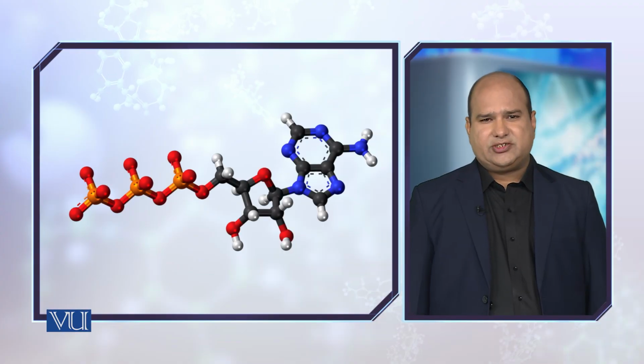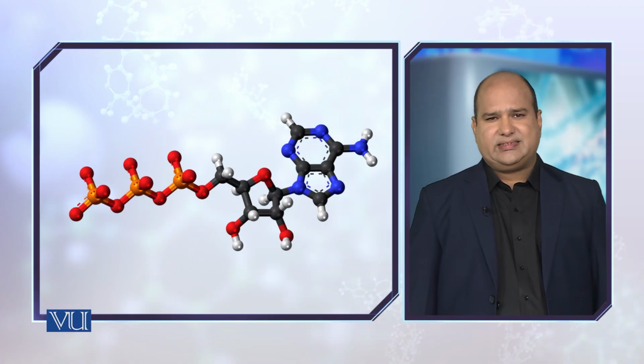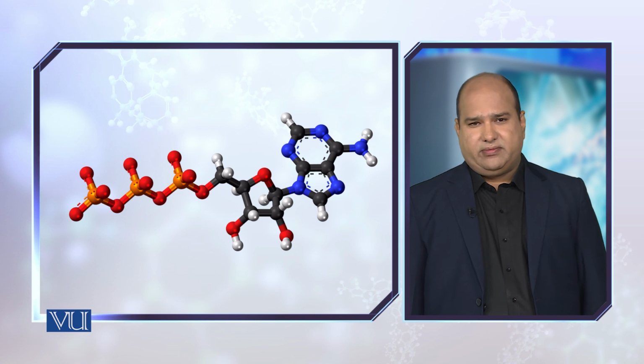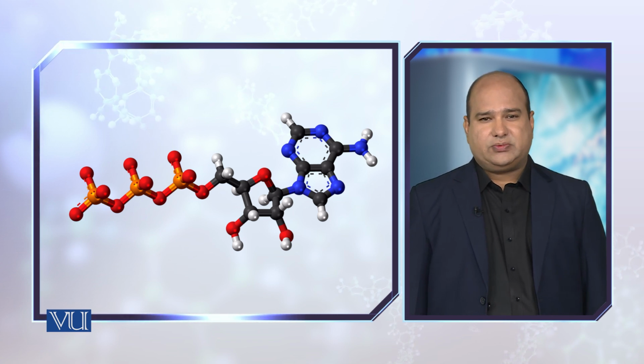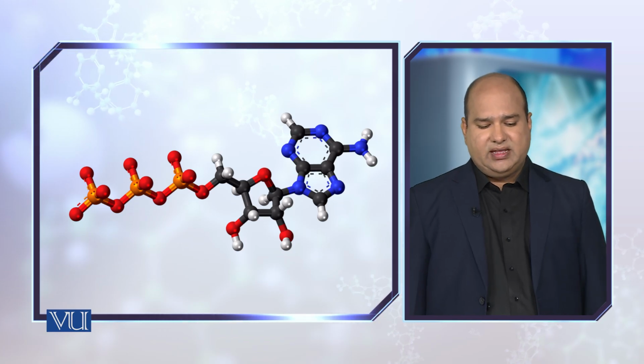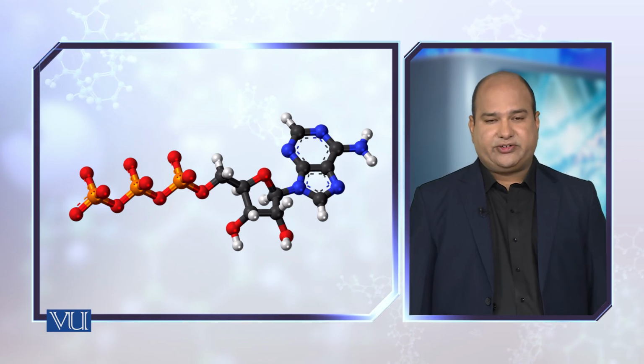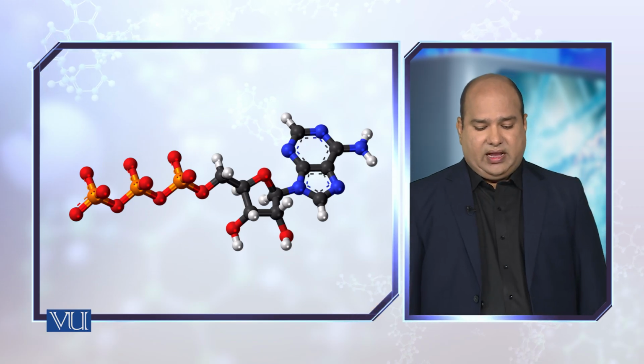As I mentioned, the structure of ATP was revealed in the 1970s. The paper was absolutely a milestone paper. It was published in one of the most prestigious journals, Nature. The three-dimensional structure of adenosine triphosphate was the title.